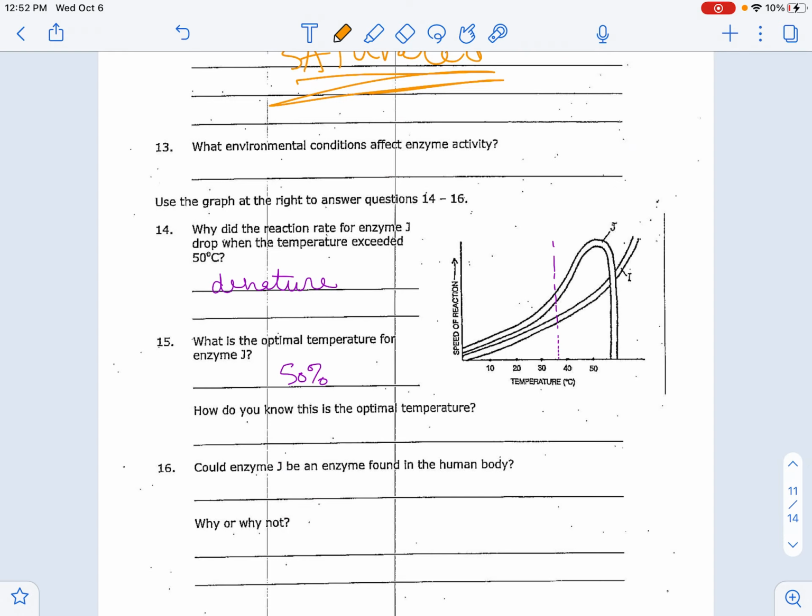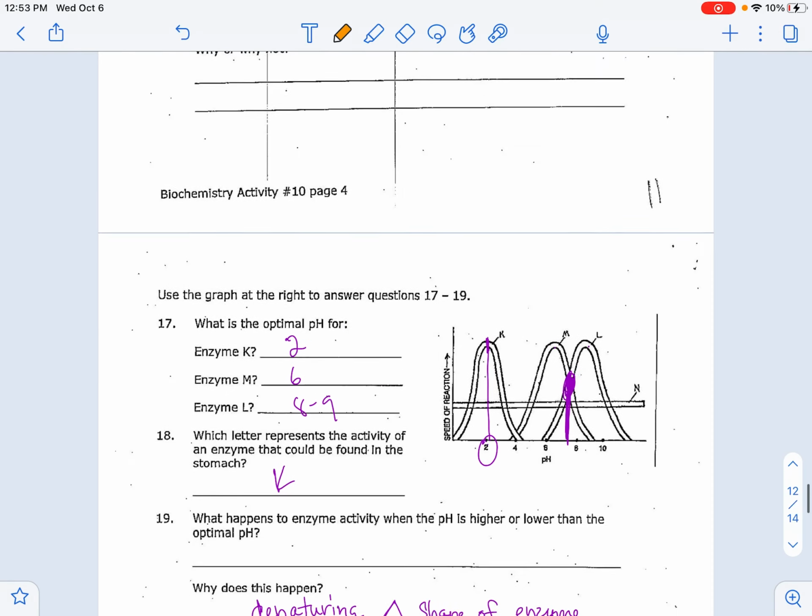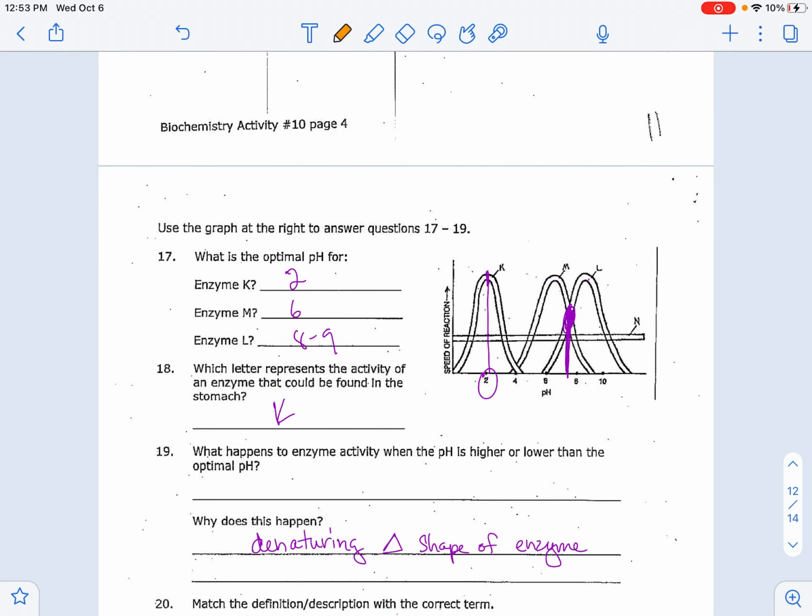Our body temperature is 37 degrees, 37.1. So both of these could work a little bit in the human body, but not great. J works really good at about 50. That's way hotter than a human body can be. Now, I really like this one. A question that I would and could and will ask you is, can K and L exist in the body together? Well, they don't even work in similar environments.